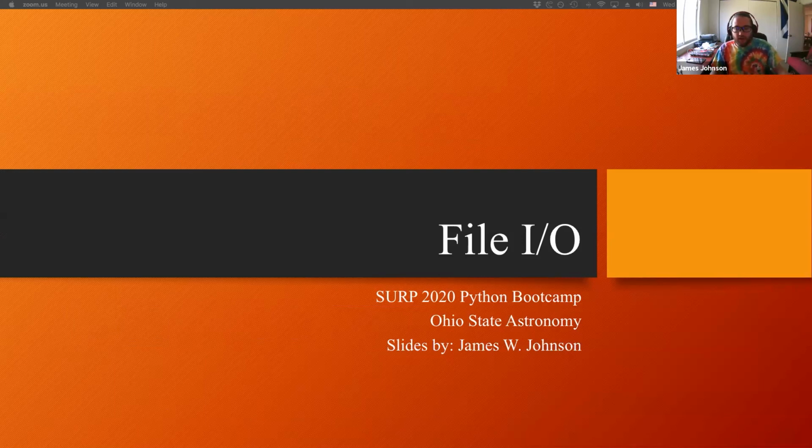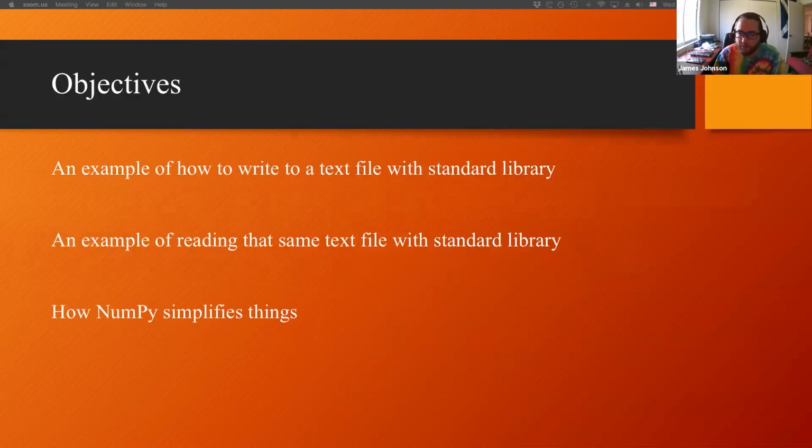So I wanted to go through this because, for the most part, astronomers can get by with just NumPy genfromtxt and NumPy savetxt, but that has an asterisk on it, which we'll come to later. It's worth seeing how to read and write to and from a file using just the standard library, because while NumPy is great and powerful, you can't rely on it for everything, and it's worth knowing what to do when NumPy isn't going to do what you need.